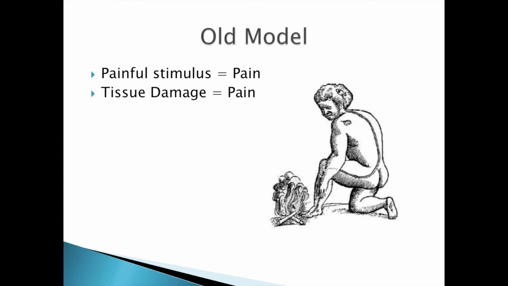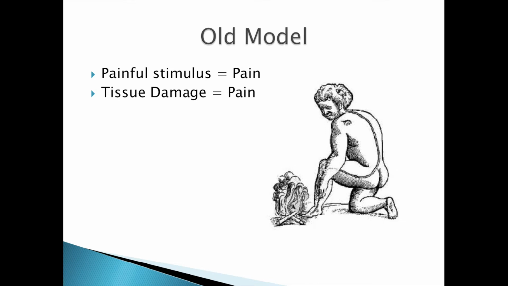So the old model of pain is that the painful stimulus, be it a burn, a cut, a fall, a broken bone, anything that causes that painful stimulus to be sent towards the brain to interpret, is directly equal to the amount of pain that the brain will then send back to that area and give us as a physical sensation. That also related to tissue damage.